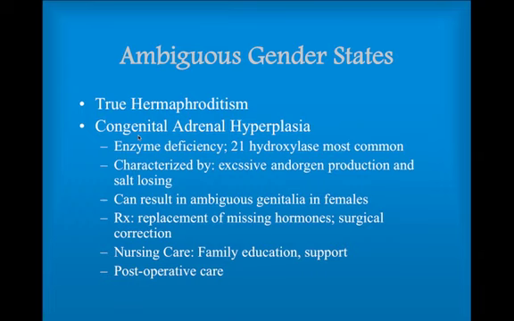that the individual who has this has inadequate amounts of cortisol and aldosterone and too much androgen, misspelled on the slides, but excessive androgen production. As a result of their lack of cortisol and their lack of aldosterone, they have a salt-losing disorder, so that they look somewhat like individuals with Addison's disease.